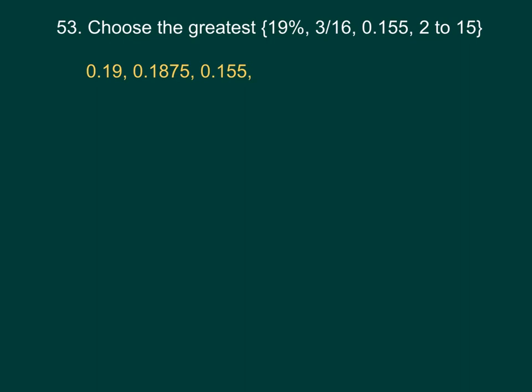And if I plug 2 out of 15 into my calculator, I'll get about 0.13333 and so on. So which of these is the biggest? Clearly, 0.19 is the biggest number in that set, otherwise known as 19%.